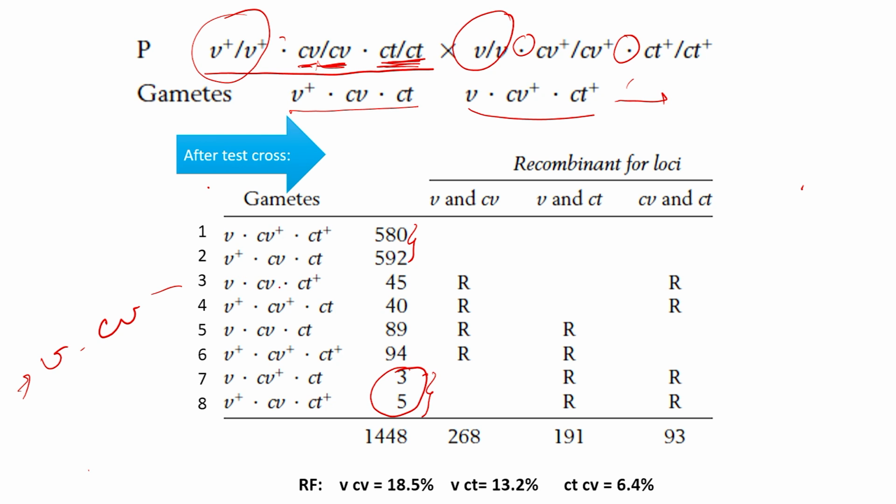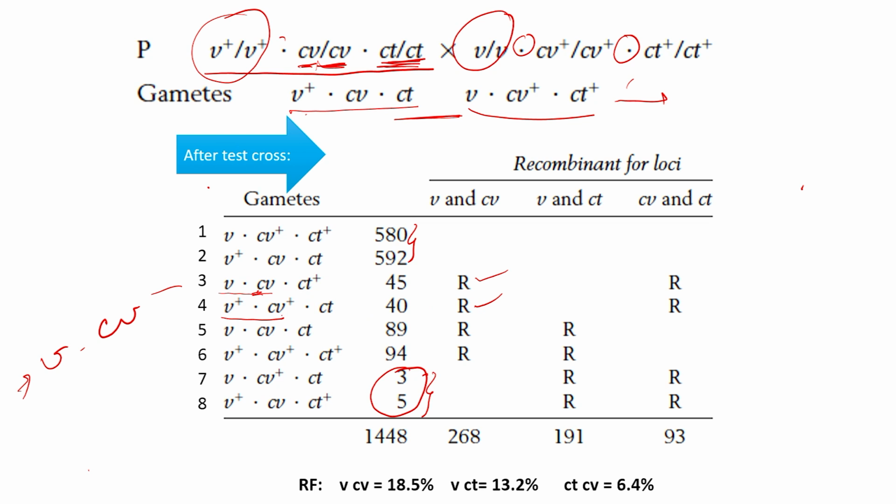So, V and CV is clearly a recombinant for V and CV, because in the parental gametes V plus and CV were together, or V CV plus were together, right. So, this is a new combination, V CV. So, it is a recombinant. We have written R plus here. Now, you see V plus CV plus, this is also a recombinant, because again in the gametes you do not see this combination.